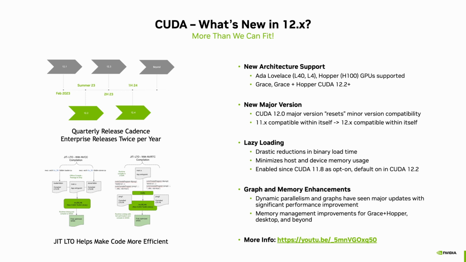We've also seen quite a few improvements to graphs and just memory management enhancements in general. We've seen pretty dramatic improvements and updates to CUDA dynamic parallelism and graphs, both on the capture and execution side. We've significantly reduced the latency for launch overheads. We've added all new kinds of graph launches, including tail device launch, sibling launch, and more.